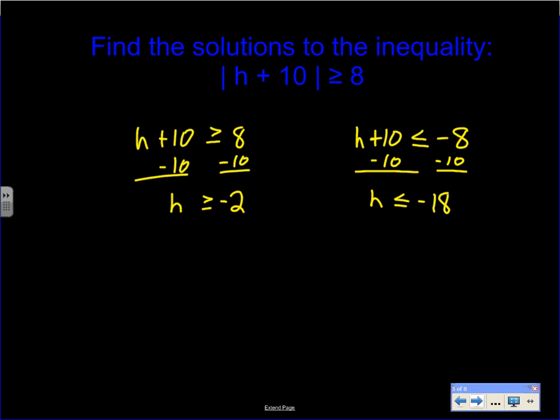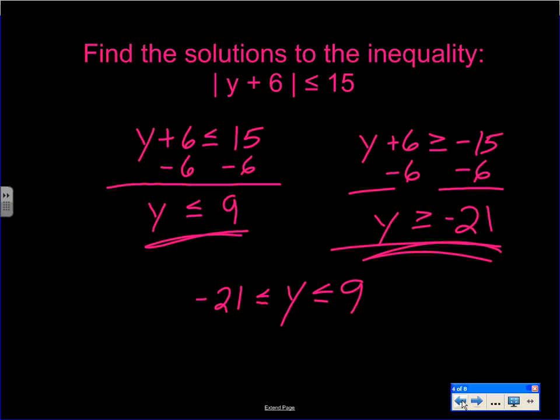And now if we look here, let's come back to the previous problem. Let's say we were wanting to graph this one. We would have a closed dot at negative 21.